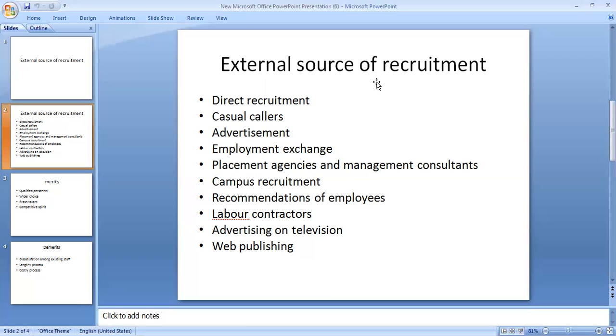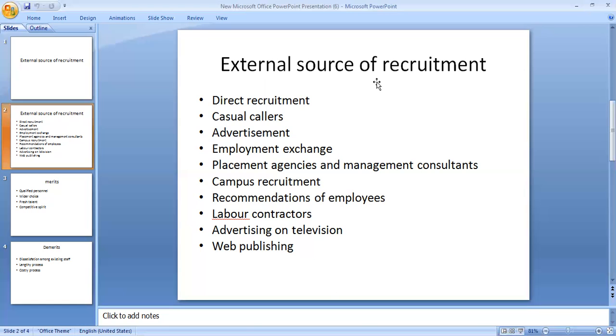Web publishing is nothing but seeking appropriate candidates through websites. So many websites are available which are completely related to jobs, for example jobstreet.com, naukri.com.